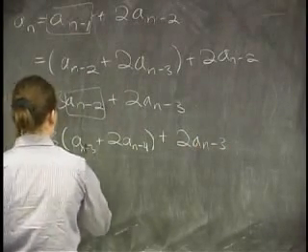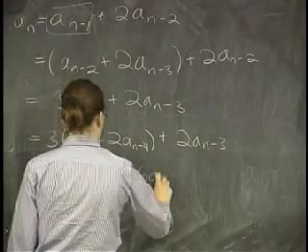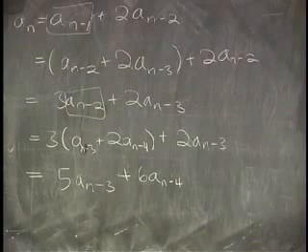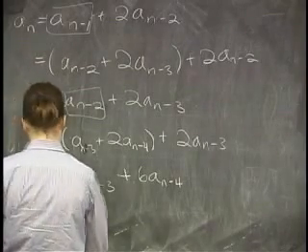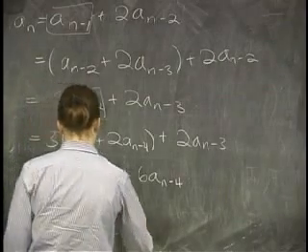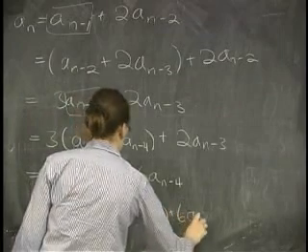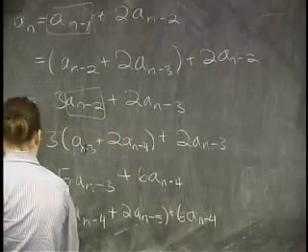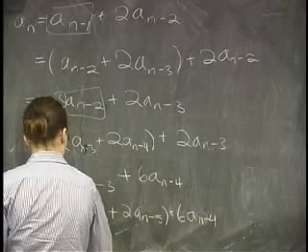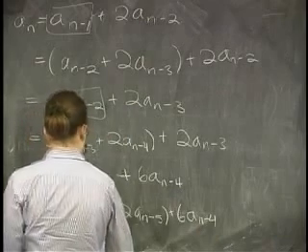So this ends up being 5a_{n-3} plus 6a_{n-4}. This is kind of nice. Okay, so let's do it again. 5 times a_{n-4} plus 2a_{n-5} plus 6a_{n-4}. Well, what I get is, let's see, 11a_{n-4}. That doesn't seem quite right.